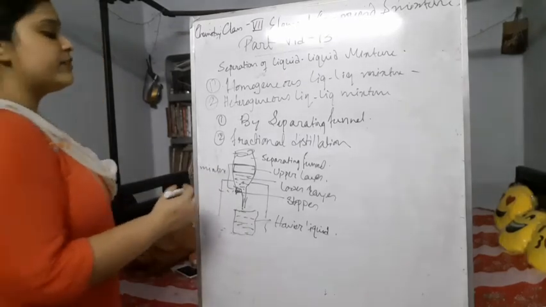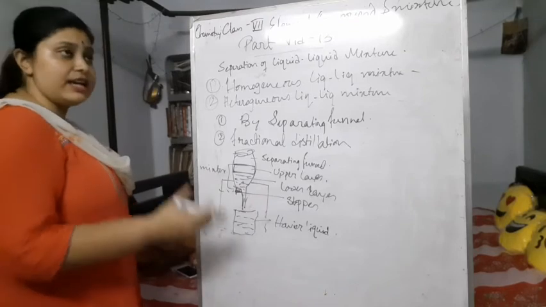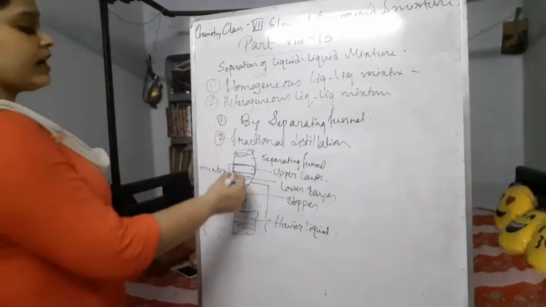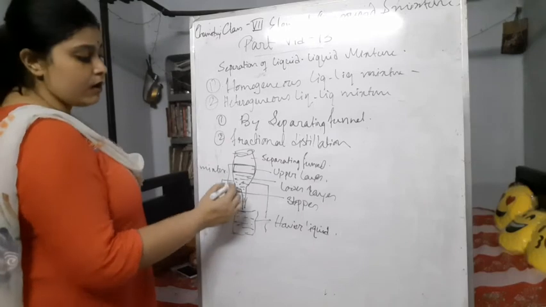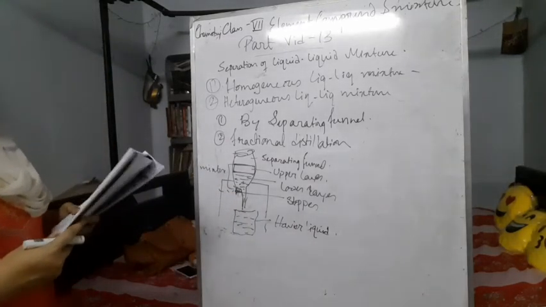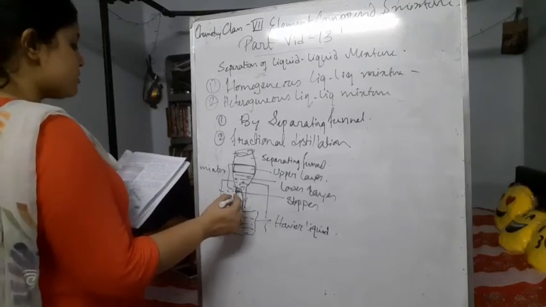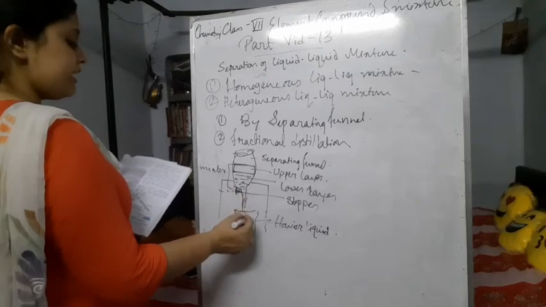The lighter liquid will form the upper layer, and by this procedure we can separate out the heavier liquid by the stopcock. When the stopcock of the funnel is opened, the heavier liquid trickles out slowly and we collect it in the vessel.